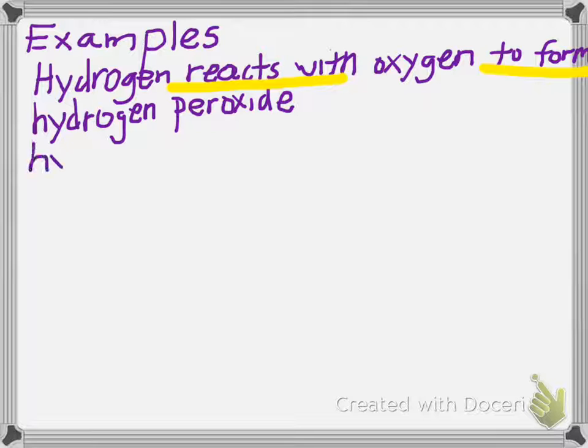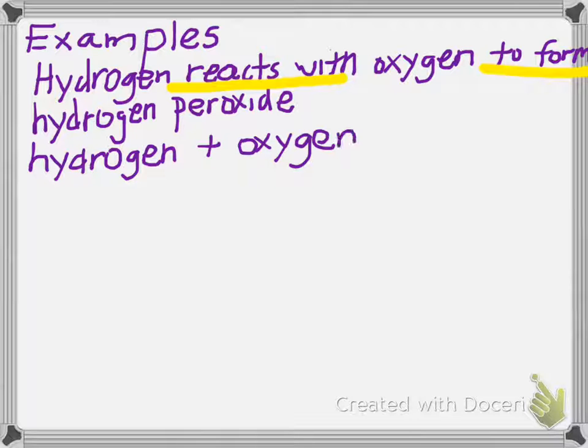So our word equation is going to be hydrogen. Reacts with is going to become a plus. Oxygen. To form is going to become an arrow, and we're going to have hydrogen peroxide.